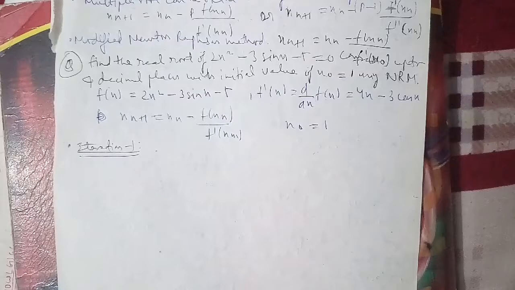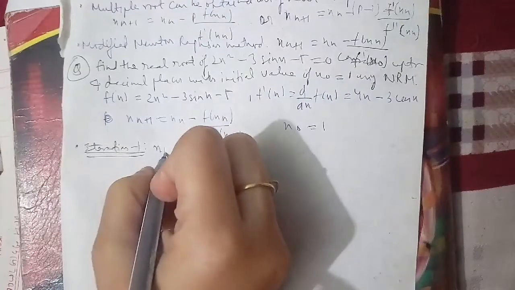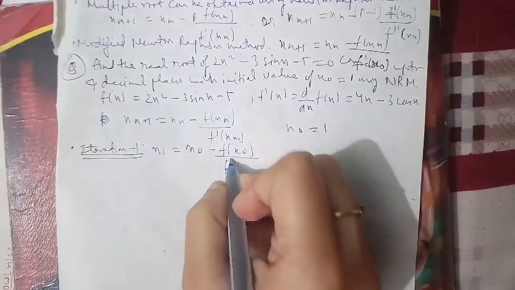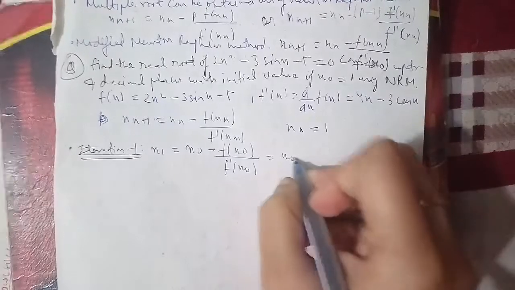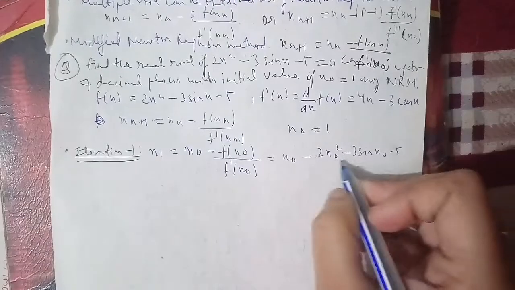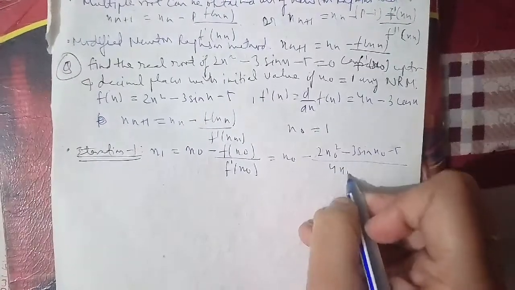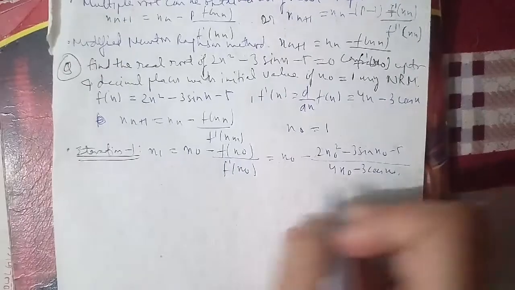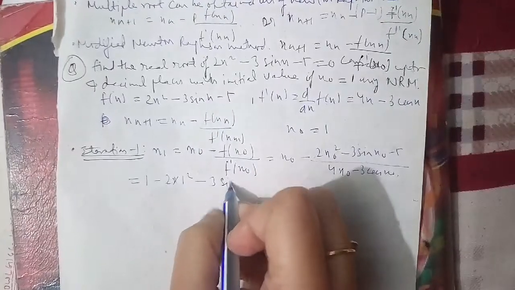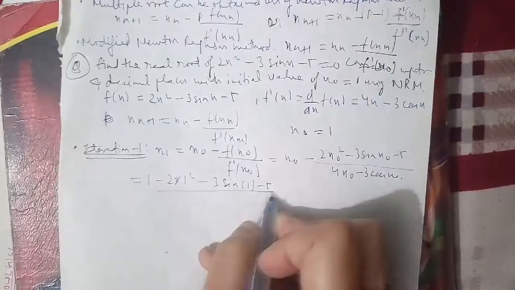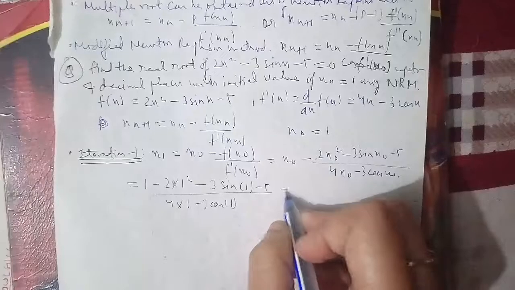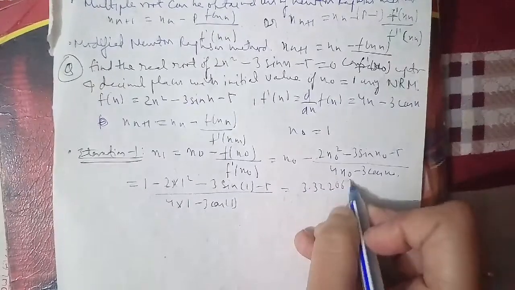For iteration 1, x1 equals x0 minus f(x0) upon f dash (x0), which equals x0 minus (2 x0 squared minus 3 sin x0 minus 5) upon (4 x0 minus 3 cos x0), which is 1 minus (2 into 1 squared minus 3 sin 1 minus 5) upon (4 into 1 minus 3 cos 1), which equals 3.322067.